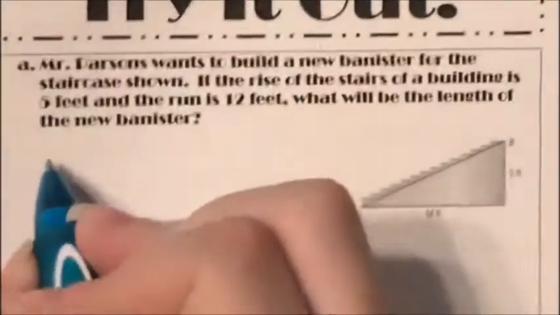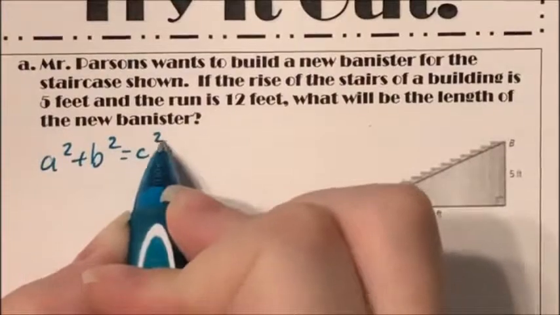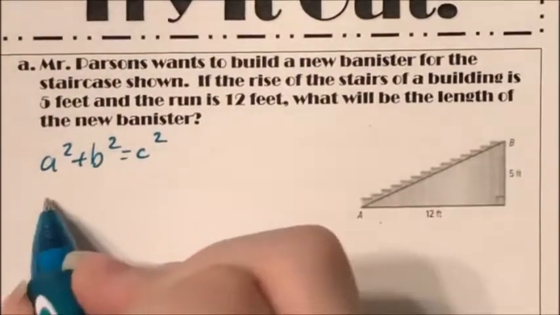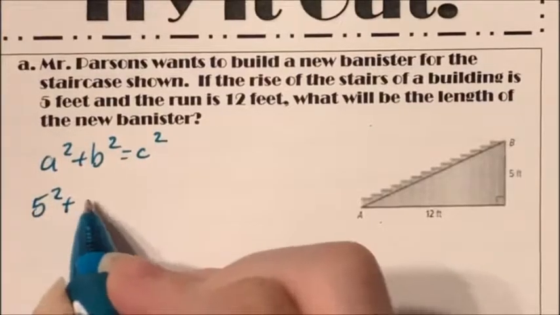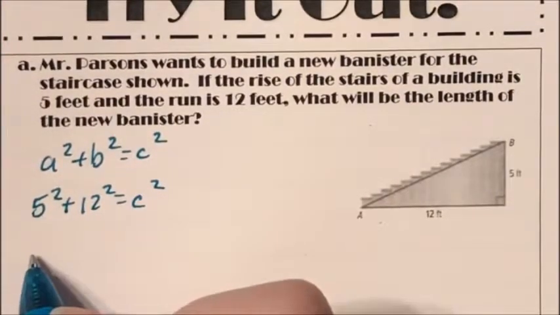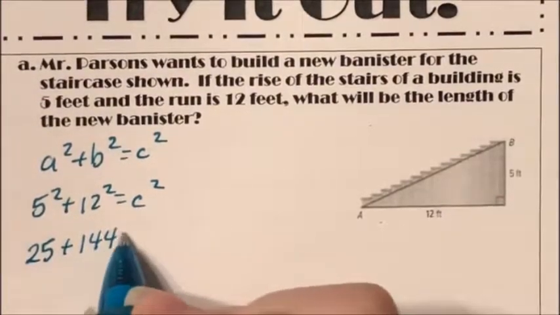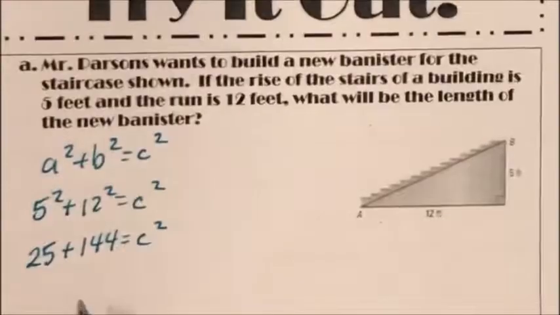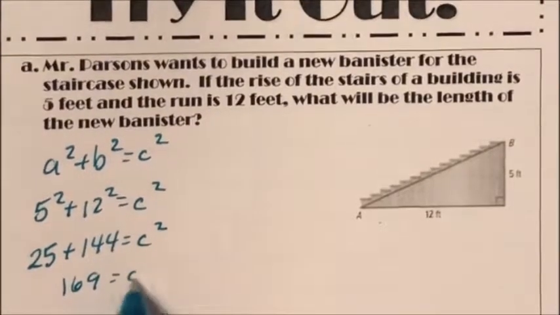So I can use the Pythagorean Theorem. A squared plus B squared equals C squared. So I have 5 squared plus 12 squared equals C squared. 5 squared is 25. 12 squared is 144. 25 plus 144 is 169.